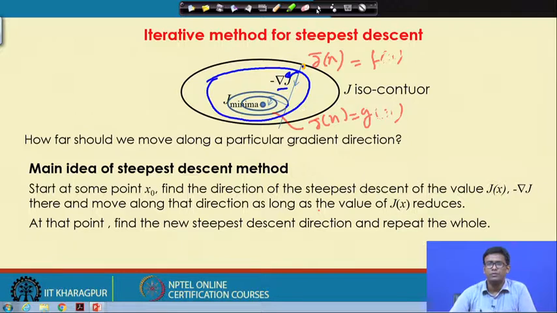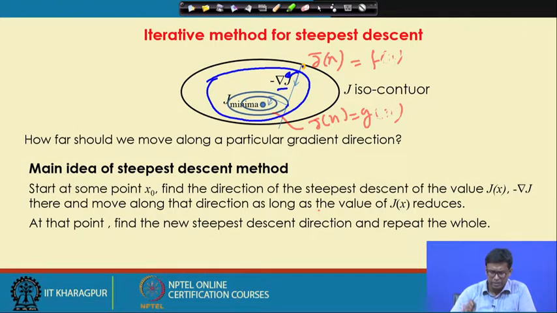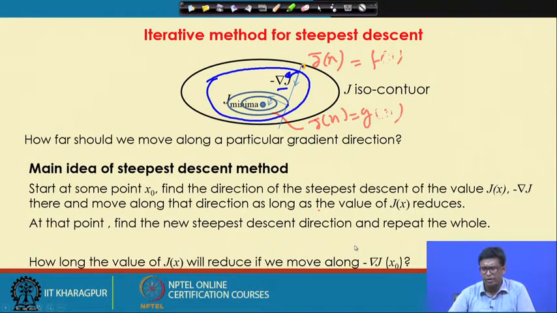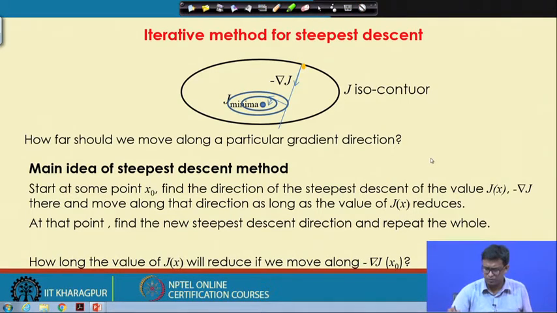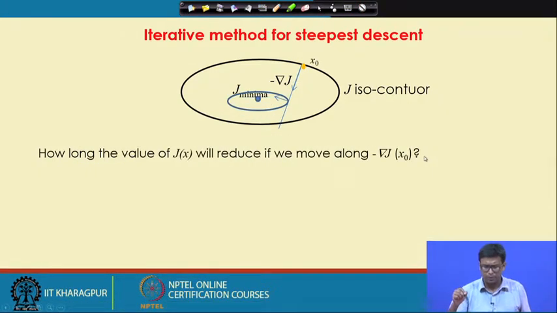But how to find this out mathematically? So the question is, how long will the value of j reduce if we move along minus grad j? Where should we stop? The same question I started with at x0: how long will the value of jx reduce if we move along minus grad j evaluated at x0?